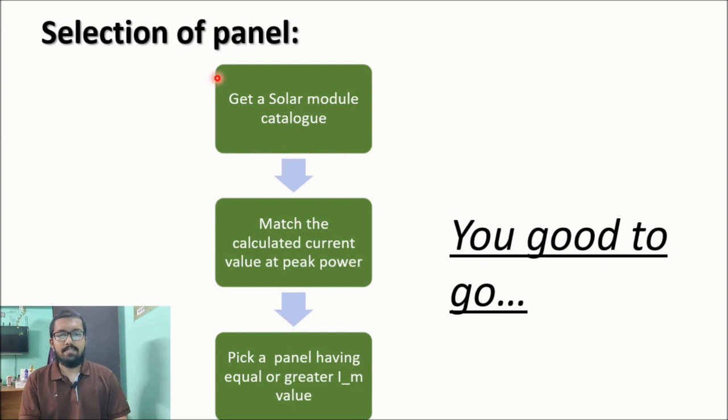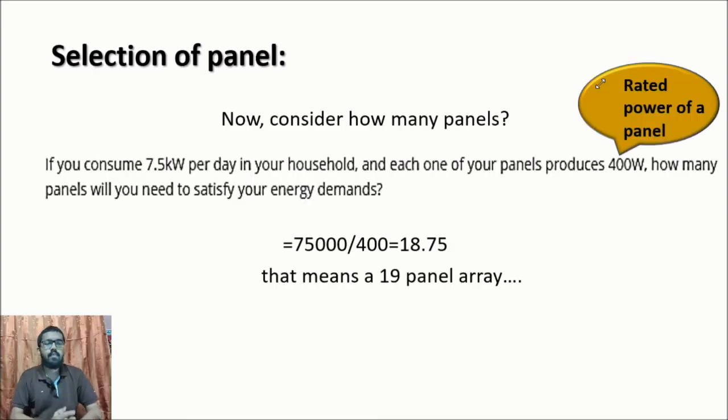After getting the IM value, you have to get a solar module catalog. Then you have to match the calculated IM value in the catalog at peak power. Then you have to pick a panel having equal or greater value than the calculated IM value. Consider how many panels you need.